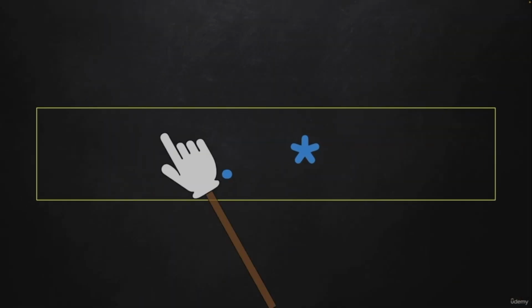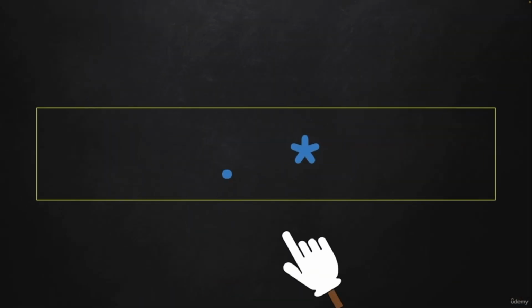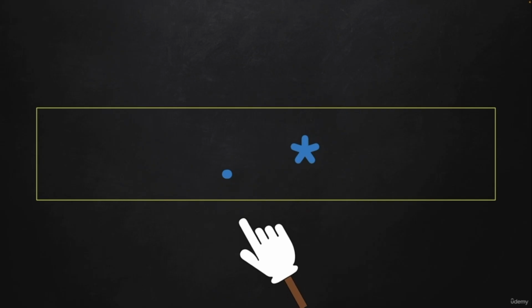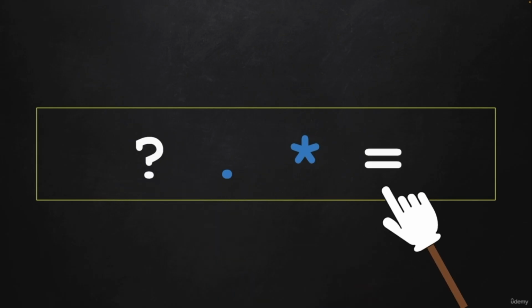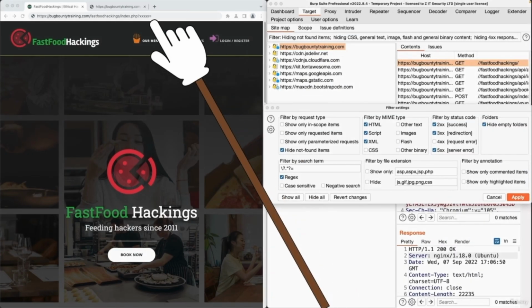So, just to make this simpler, we're using a dot star to say I want to search for any sequence of characters, for any pattern that matches this, as long as it starts with a question mark and ends with an equal sign, which is exactly what we want when we are looking for parameters that we can manipulate to discover bugs.